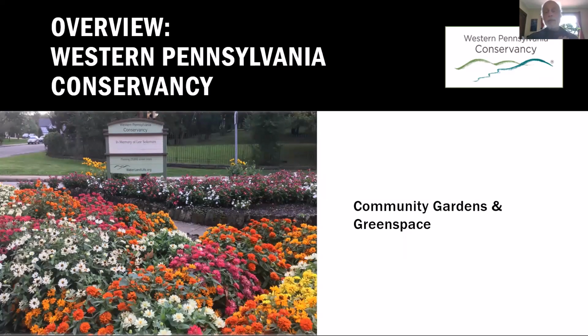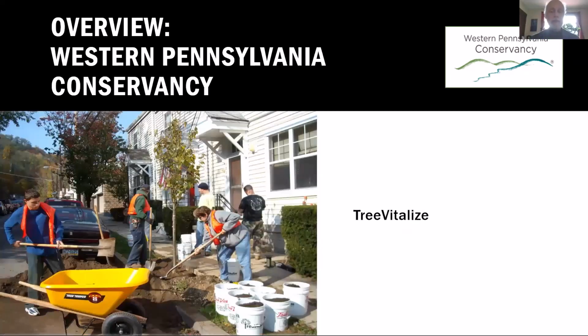One of those things is community gardens and green spaces. This has been a program for almost as long as I've been with the Conservancy, and it's grown quite a lot. And it's not just flower gardens and things in communities, but we're moving into stormwater infrastructure and a lot of pretty substantial things as far as community greening. So that's another aspect of the Conservancy. Next.